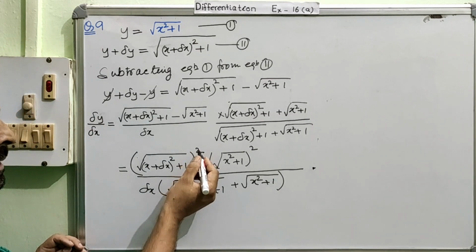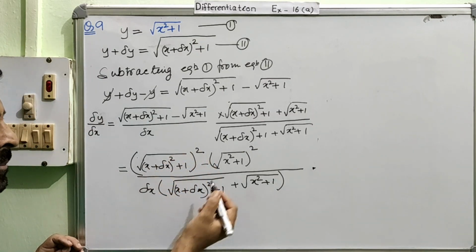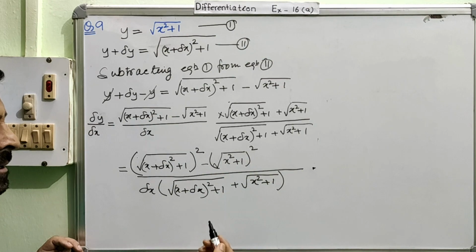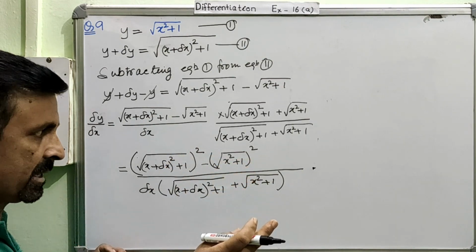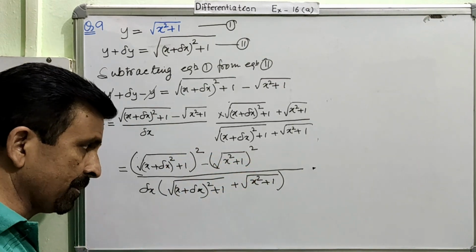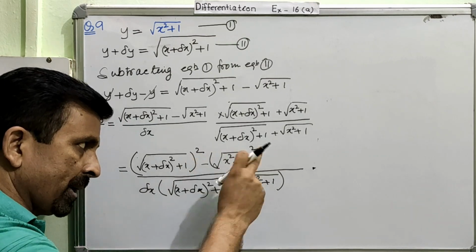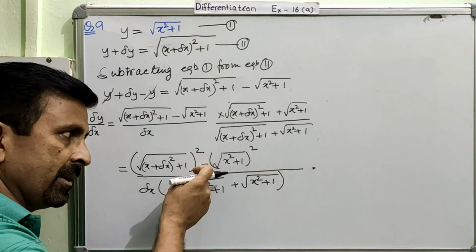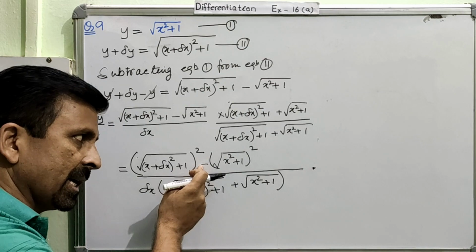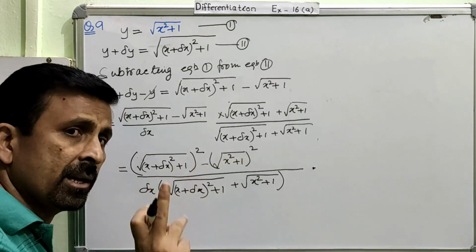Done? Now in the numerator, the square and square root will be cancelled. This also, square and square root will be cancelled. So first of all we are simplifying the radical sign, and after that we are also opening the bracket, right? And when you open the bracket, because there is a minus sign, the sign of both the terms will change.